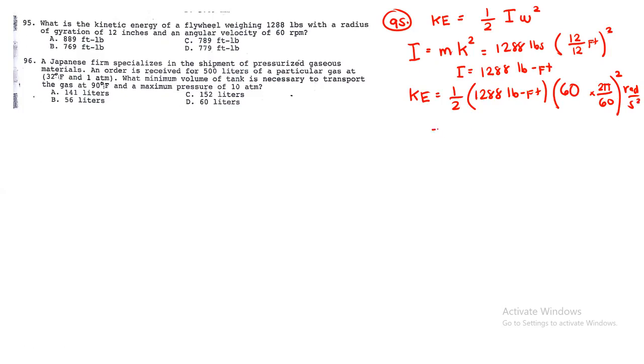So ang lalabas dito is pounds to foot per second squared. So pounds of force to foot per second squared yung lalabas dito, no?